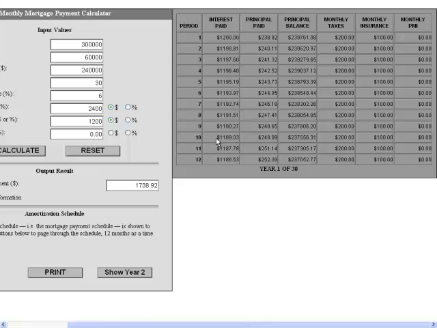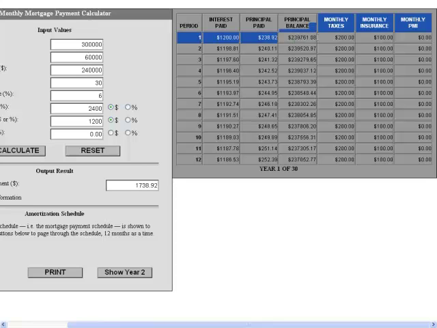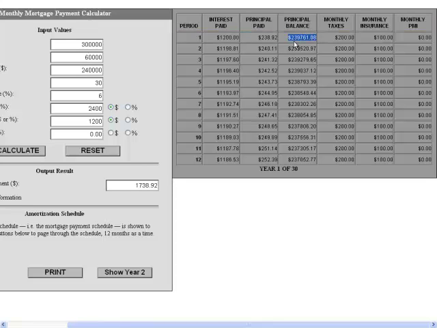And now our principal balance at the end of the first month is our original balance of $240,000 less $238.92, leaving a balance on the loan of $239,761.08.